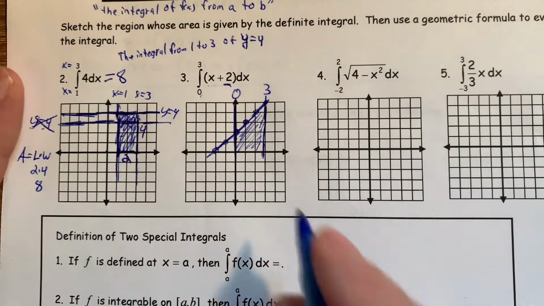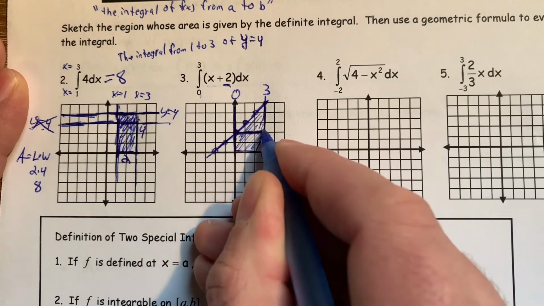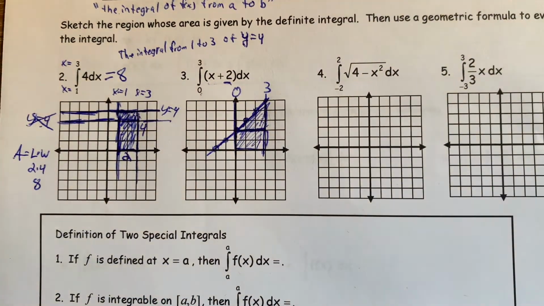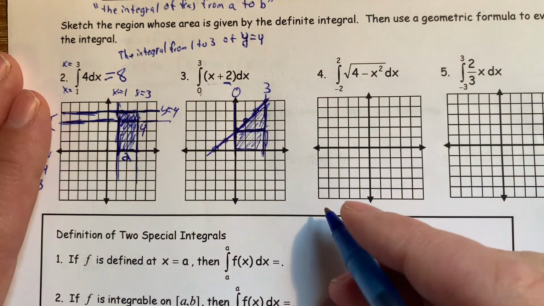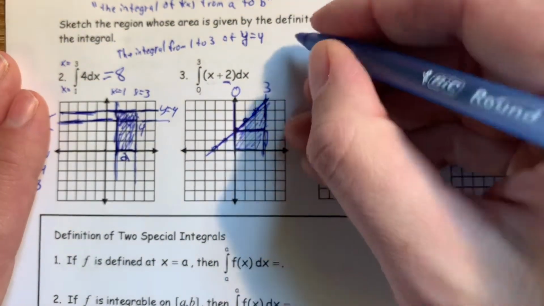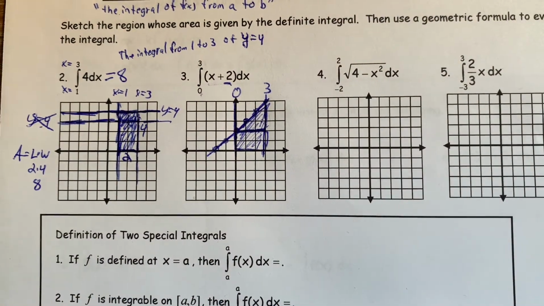We have two options. We could break it up into a rectangle and a triangle. Or, and this is going to be really useful, guys, we can think of this as a trapezoid. And we are going to need this in a couple of days. So now is as good a time as any to make sure we know how to find the area of a trapezoid.